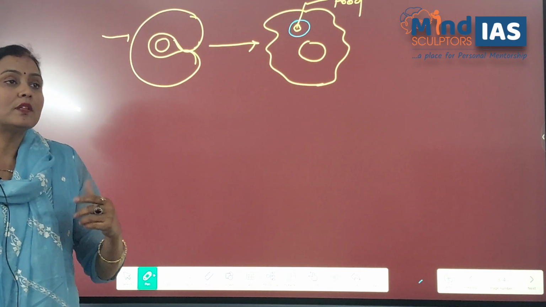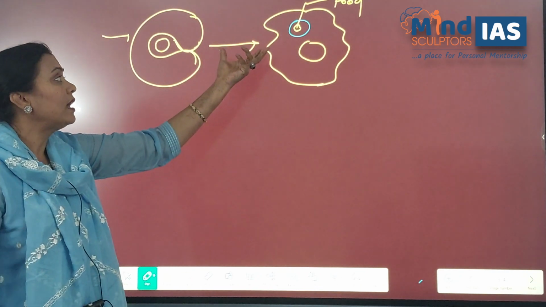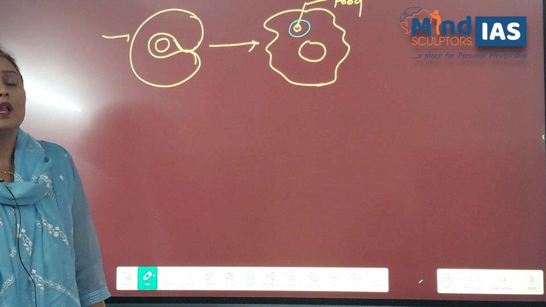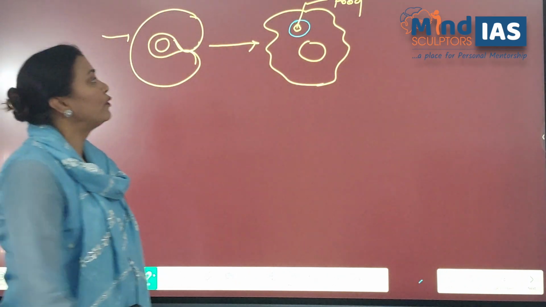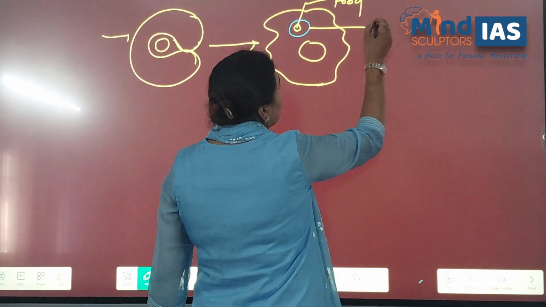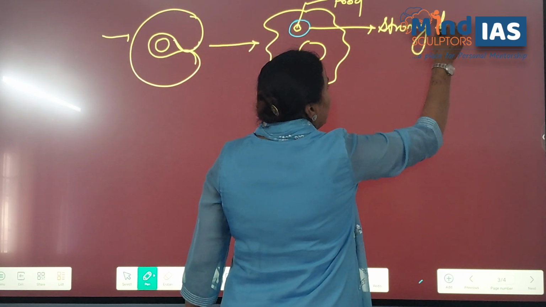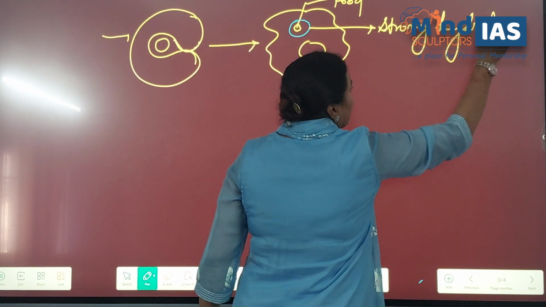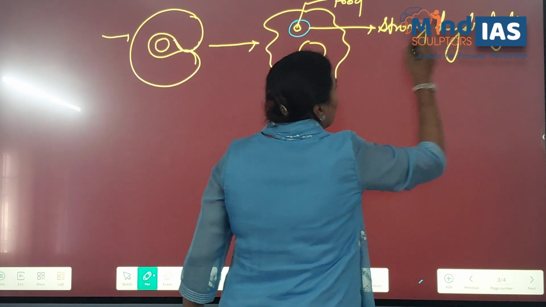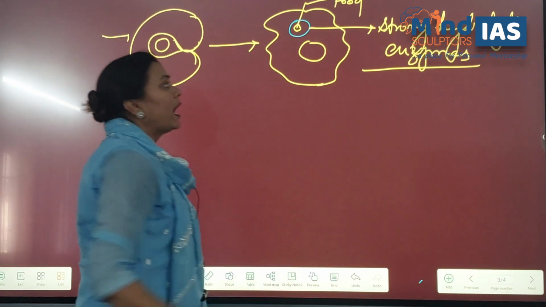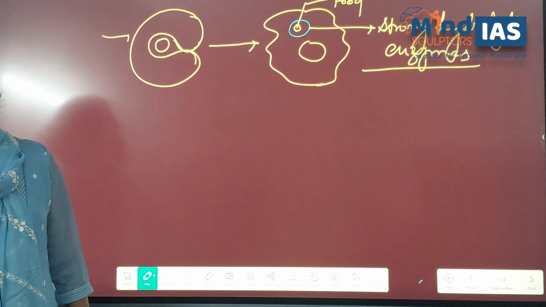But how is the food digested in the food vacuole? What is present in the food vacuole which can digest this food? The food vacuole consists of strong hydrolytic enzymes, which can digest the food and produce energy.